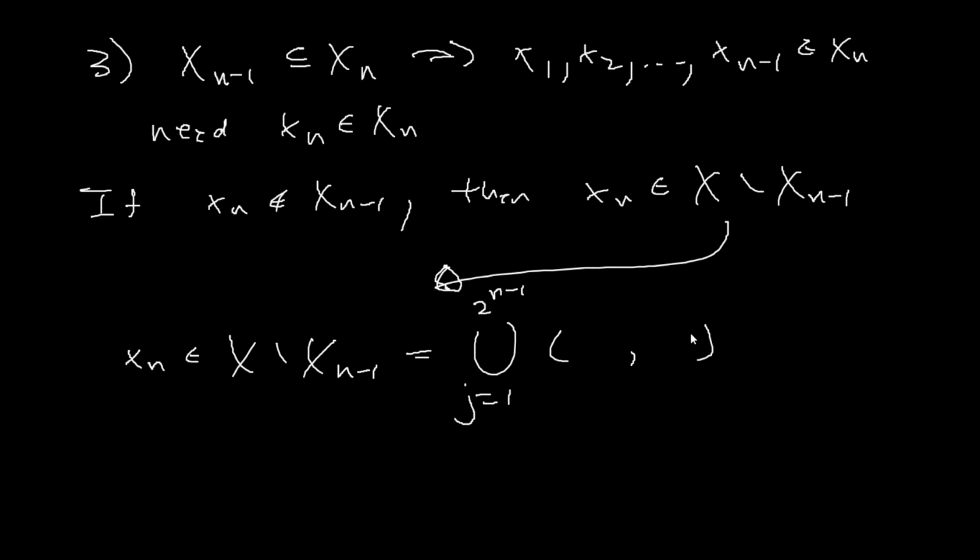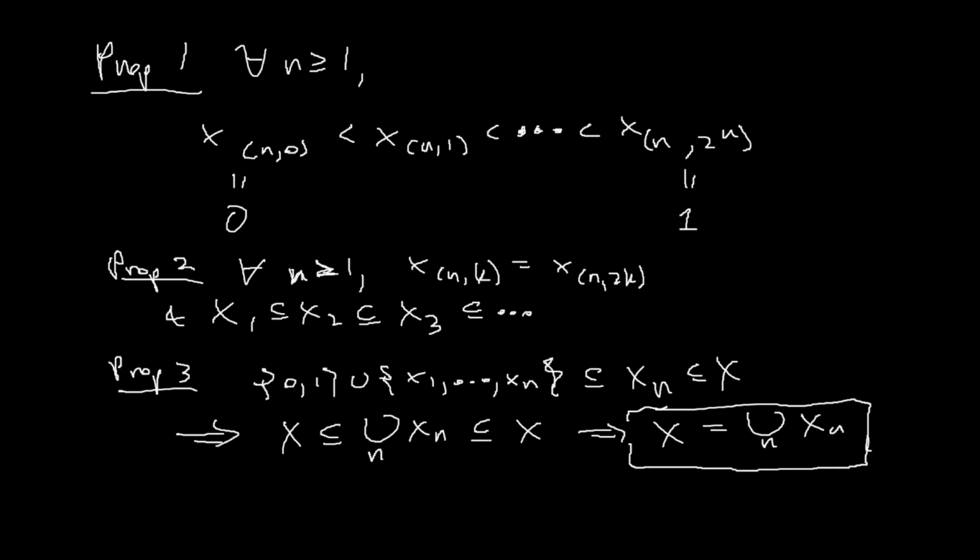And since x1 through xn minus 1 are already taken, n is going to be the least index for which xn is within that open interval. And thus, we're bound to choose it to be part of our new labeling system at the nth step. Thus, xn is going to be in Xn. And thus, property 3 is satisfied as well. Okay, and that completes the inductive step.